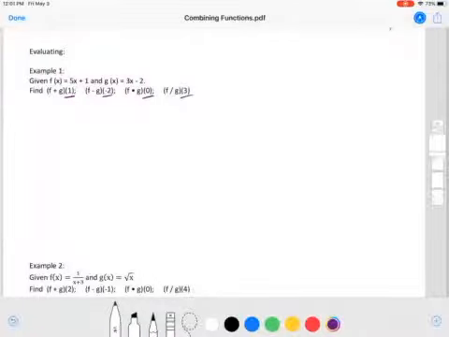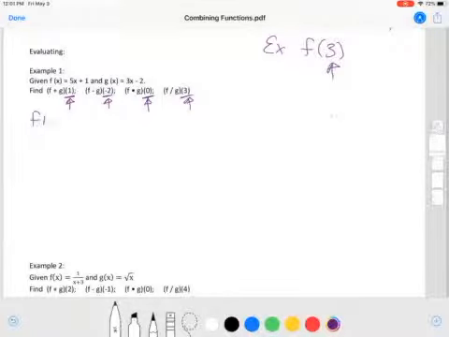If it's just an x there, then we're just asking you to find the function in terms of x. If I want to plug in a number, I'm going to put the 0 in there or the 3 in here, whatever it is that I'm asking you to plug in. Just like if I asked you, for example, to find f of 3, that means plug in 3. So that's exactly what we're doing here.